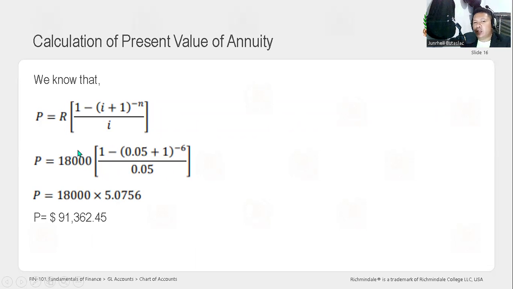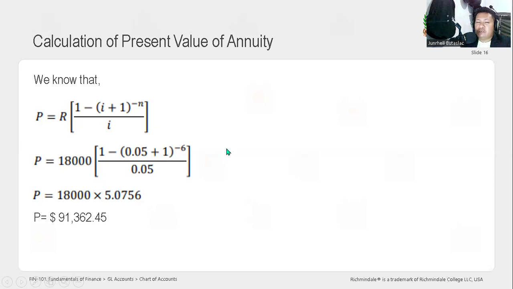When you compute this using your scientific calculator, you can directly jump to the answer, which is 91,362.45. If you solve this manually, make sure that you follow the rule of PEMDAS. If you fail to follow the rule of PEMDAS, you can end up with the wrong answer.